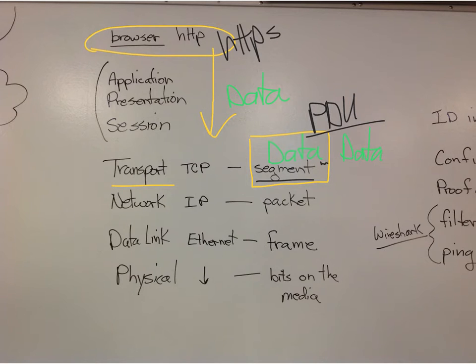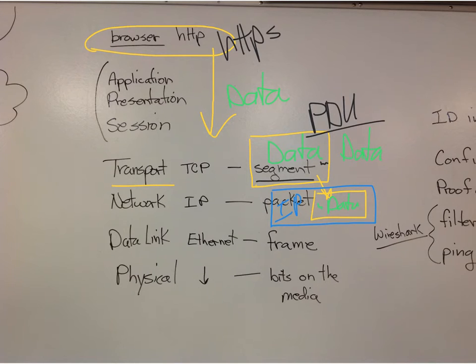So we call that encapsulation. We move that down, and here we have inside there the data, port numbers and stuff. And then we encapsulate it again, and we put IP in there, which then determines the best path that it can go.